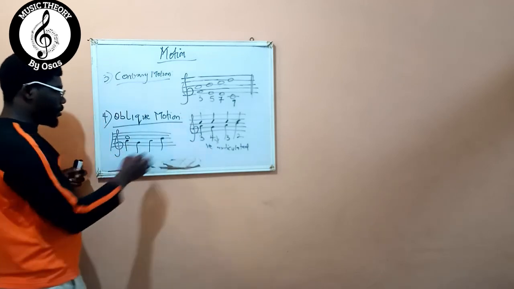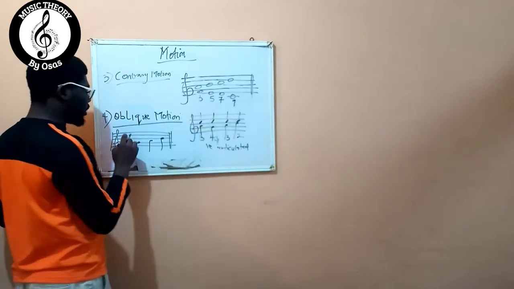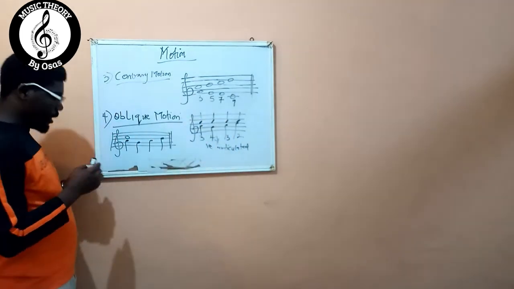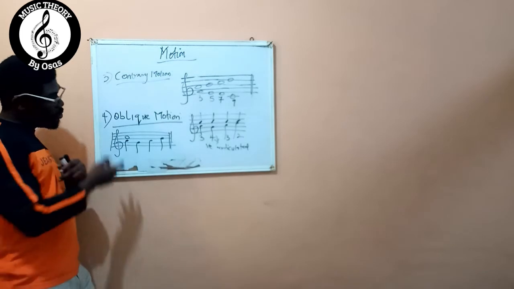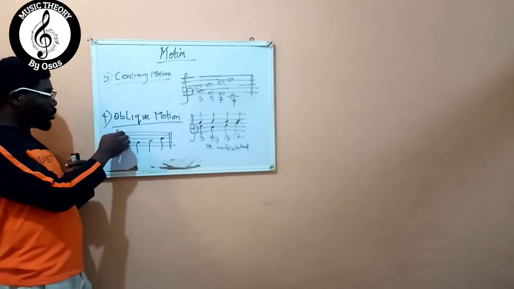Instead of this being separated into crotchets, it has just taken the form of a semibreve, while the notes below it are moving. It could also be that this one is below.